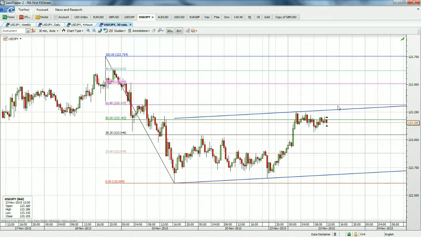Even though it's still got a bias to move to the downside this week, as we mentioned, it could be capped, or it could be stopped about 200 points from current levels. It's not as strong as sterling yen, and again flipping that back, that's why we prefer to be short sterling dollar as opposed to euro dollar this week. So again, our bias for dollar yen is to sell into rallies.